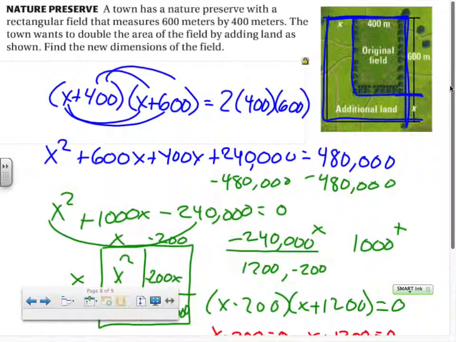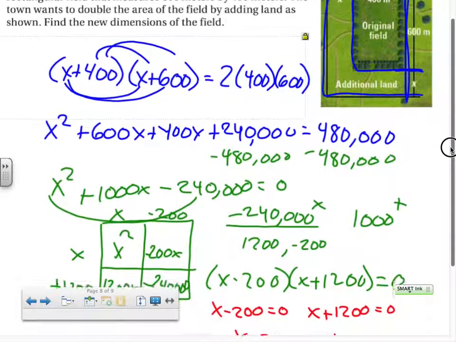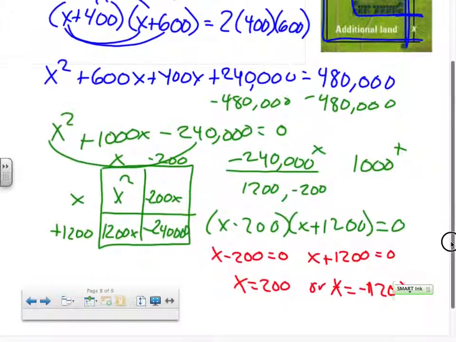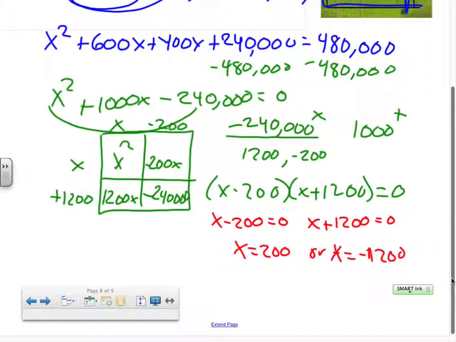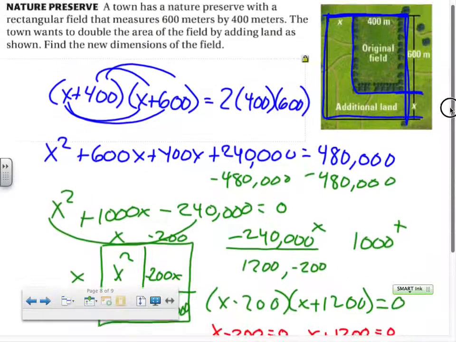We're adding land to a field. Now, if you're adding land to a field, one of these numbers does not make sense. To be honest with you, it does not make sense to add negative 1,200 meters. So x must be 200. So, answer the question.